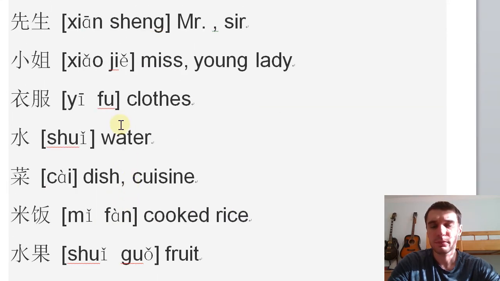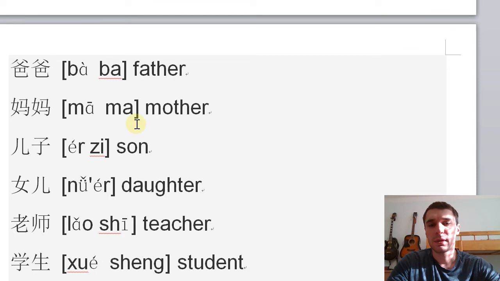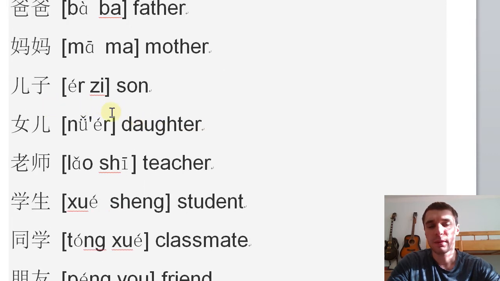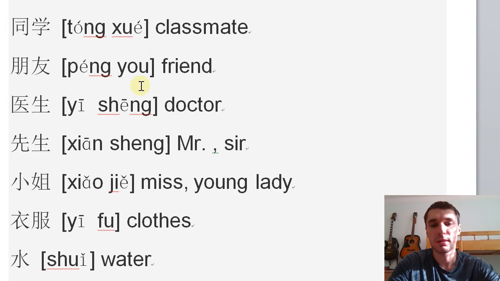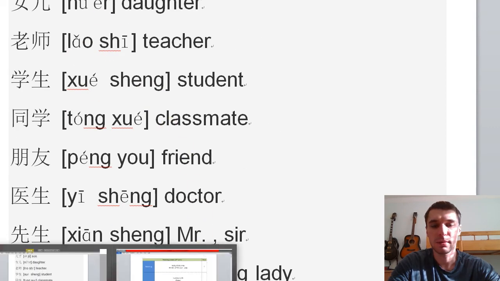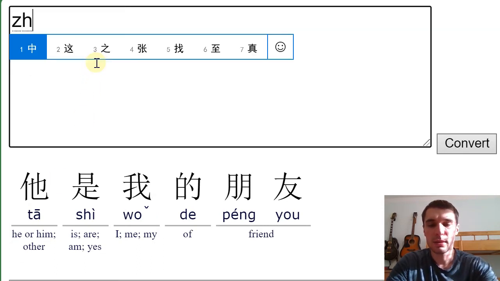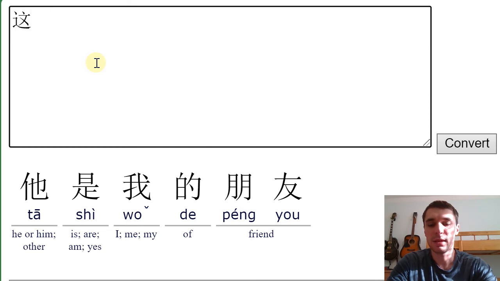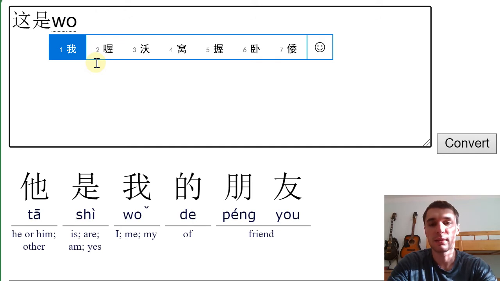Another example. Last one. For example, clothes. Let's say this is my son's clothes. Okay, this is. I told you before how to say this. You can say 这. This is, 这是. My son, 我. I want to say 我的, but it's okay if I just write 我, because son is our family member.